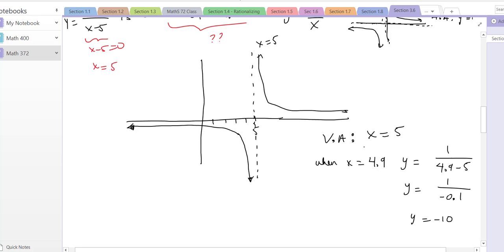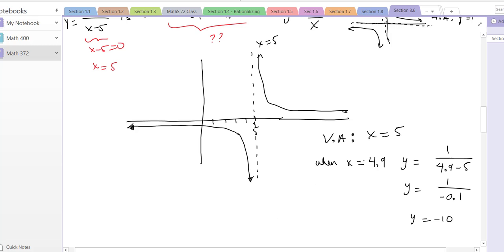So as x goes to 5 from the left, getting close at 4.9, we're going to get a negative number. That lets me know I'm going to negative infinity. You can even try other values like 4.99, 4.999, and it's just going to keep getting smaller and smaller.